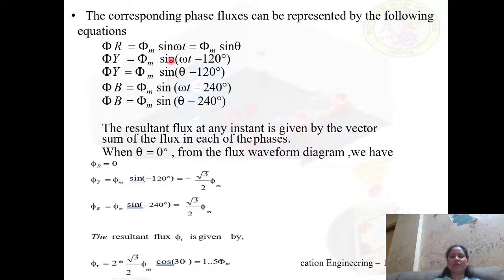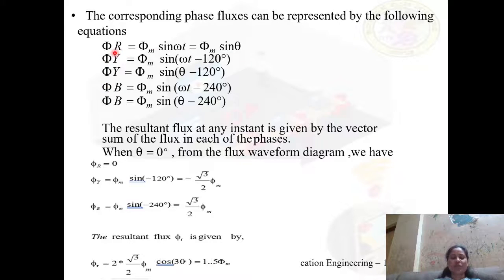And the phase B should produce the flux which lags by 120 degree compared to phase Y, or lags 240 degree compared to phase R. Okay, so there should be a 120 degree phase shift between the flux produced by phase R and Y, and 120 degree phase shift between the flux produced by Y and B.